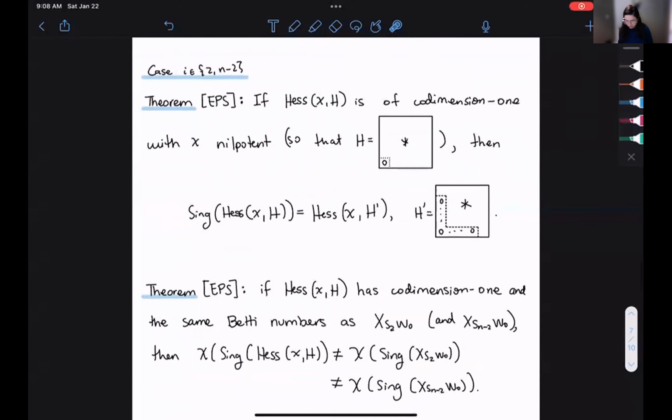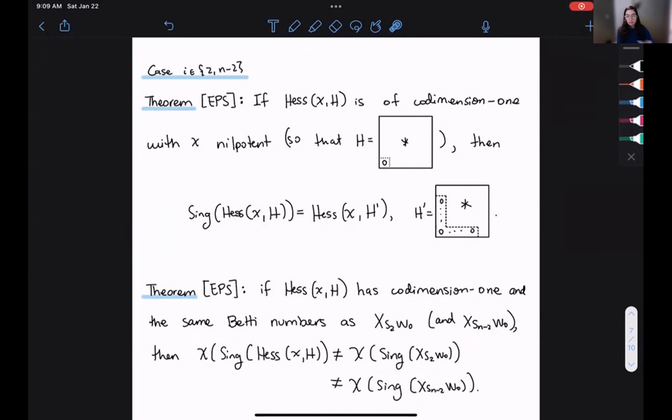And so in particular here, once we're able to say that the singular locus of this Hessenberg is a Hessenberg itself, we can compute its Euler characteristic. So if your Hessenberg variety has codimension 1 and the same Betti numbers as both of these two Schubert varieties, then this is the case.